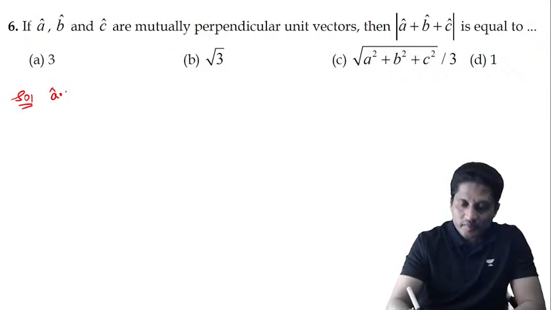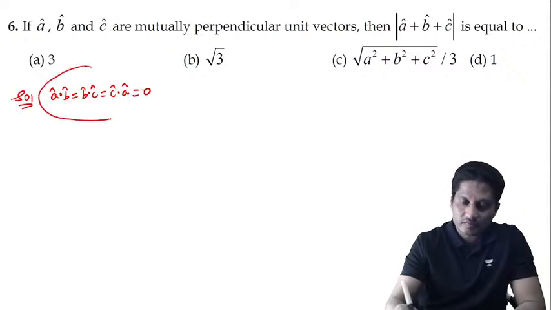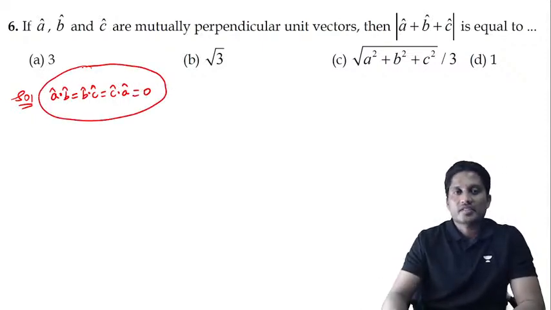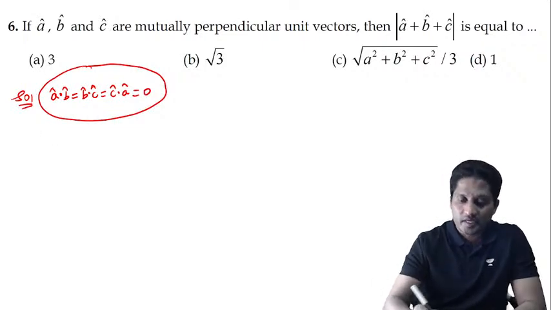This means that A dot B, B dot C and C dot A all are equal to 0. And since they are unit vectors, mod of A cap, mod of B cap, mod of C cap all are equal to 1.